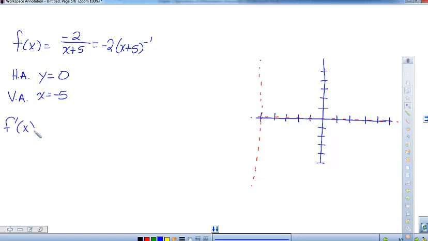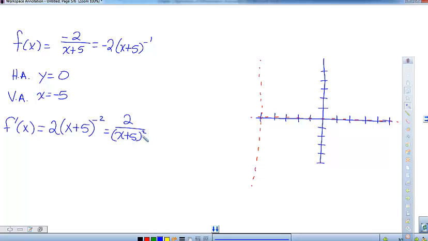So f prime of x is going to be what? 2 times x plus 5 to the negative 2. Okay. 2 over x plus 5 squared.